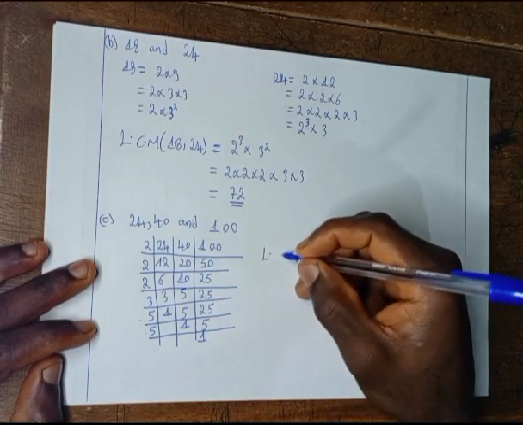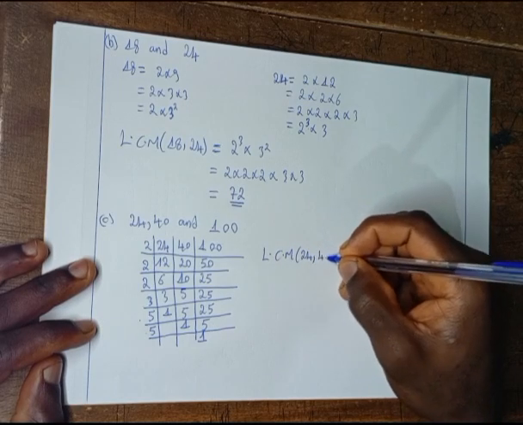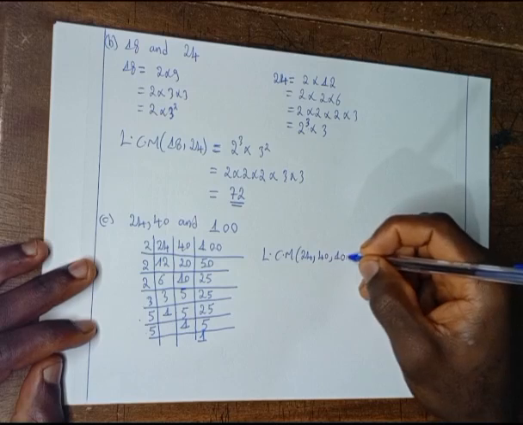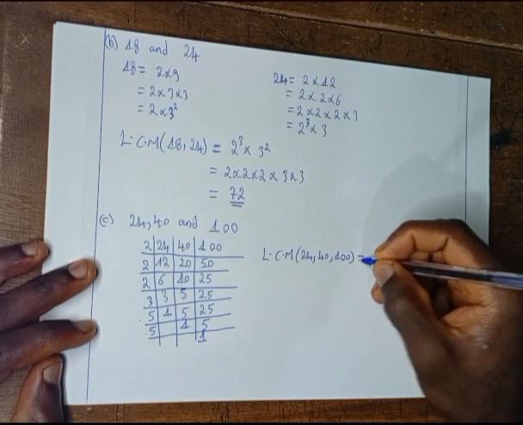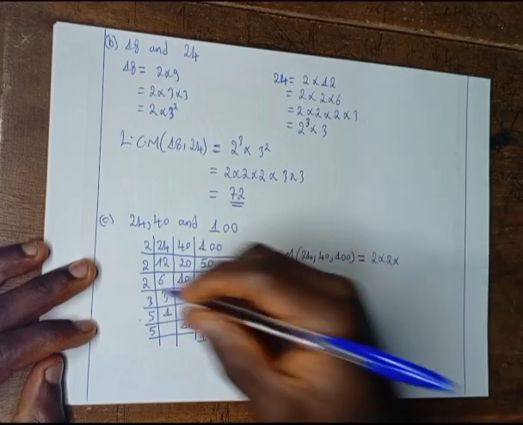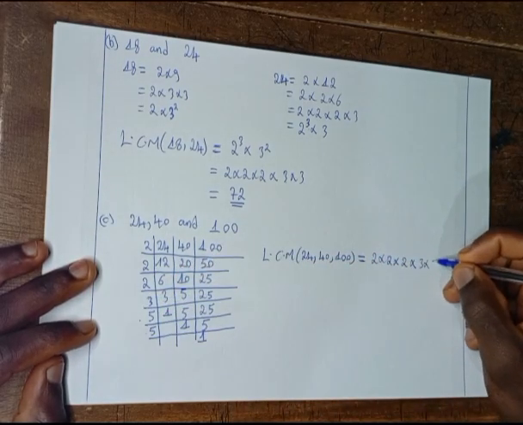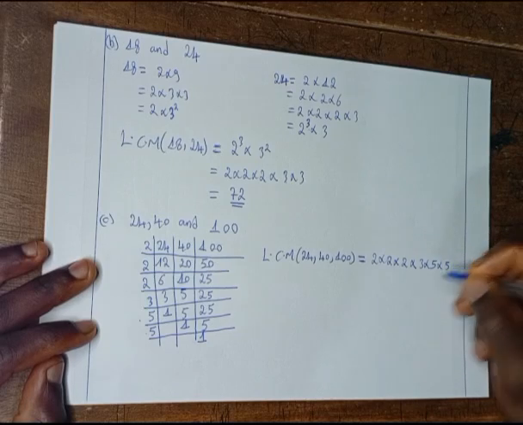For us to get now our LCM, the LCM of the numbers 24, 40, and 100 is simply equal to 2 times 2 times 2 times 3 times 5 times 5.